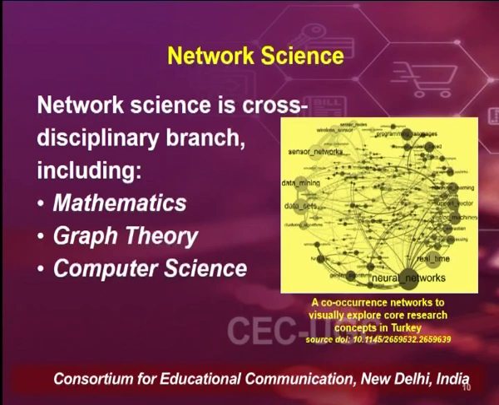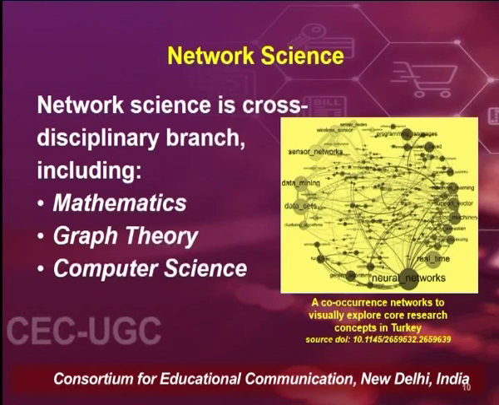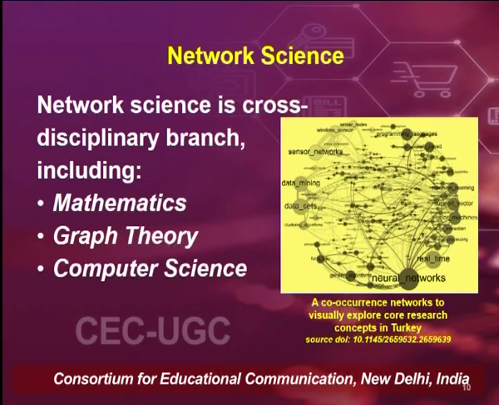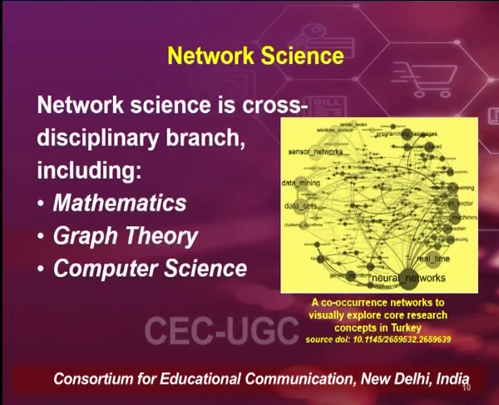Okay, so you can see in this graph that neural network is a keyword that is highlighted, and from the neural network there are edges or links associated with other keywords also. It means that the students who are working with neural networks may also be interested in image processing and other machine learning tools.